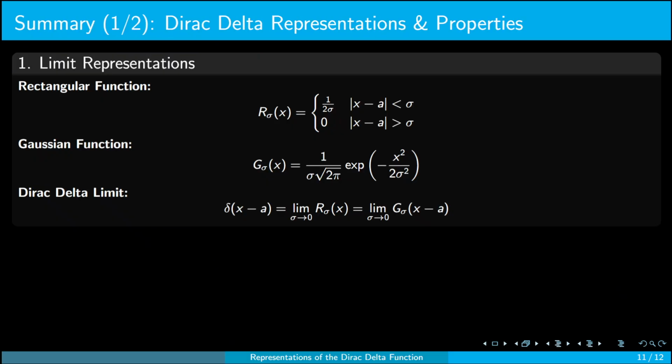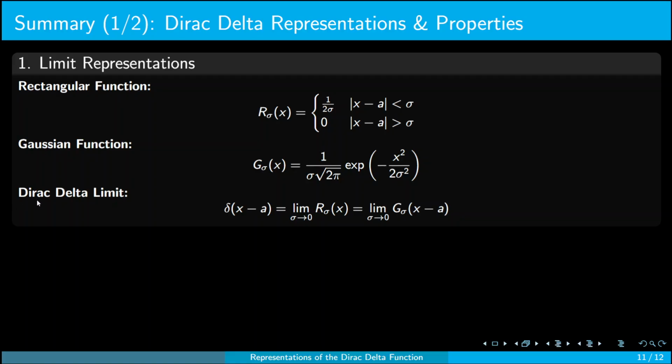Now let's see what we have discussed in this video. First of all, we have this rectangular function which is given like this. Then we have this Gaussian function. One thing was common: the integration from minus infinity to plus infinity is 1 for both these cases.